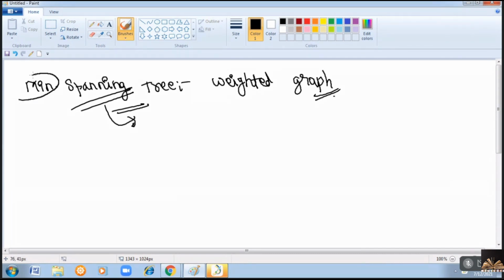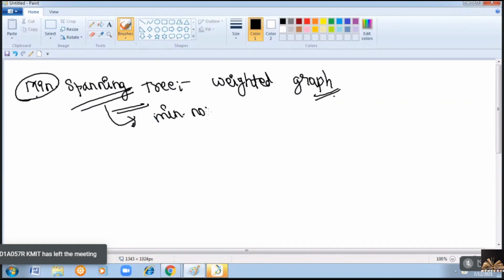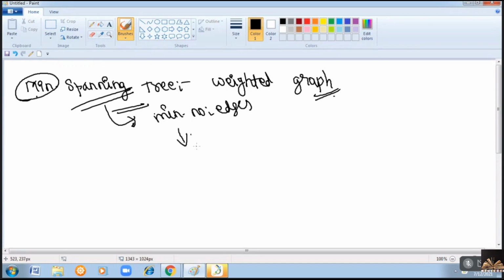Minimum means the weight of the edges, right? Spanning tree means you'll have the minimum number of edges, right? When you add the weight or the cost of this minimum number of edges, the weight should be minimum. That we call it. So to produce the minimum spanning tree, we'll be using two algorithms. They are Prim's algorithm and Kruskal's algorithm, right?